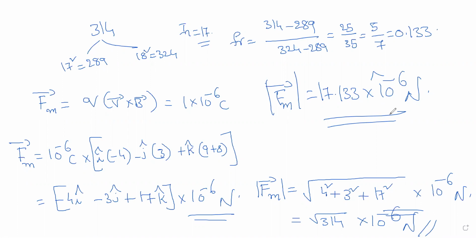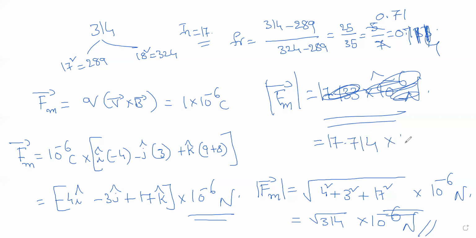So this is how you can work it out. How much will it work out to, let me check once. 7.714, something like this. 714 you will get, not 133. So 17.714 into 10 to the power minus 6 newtons.